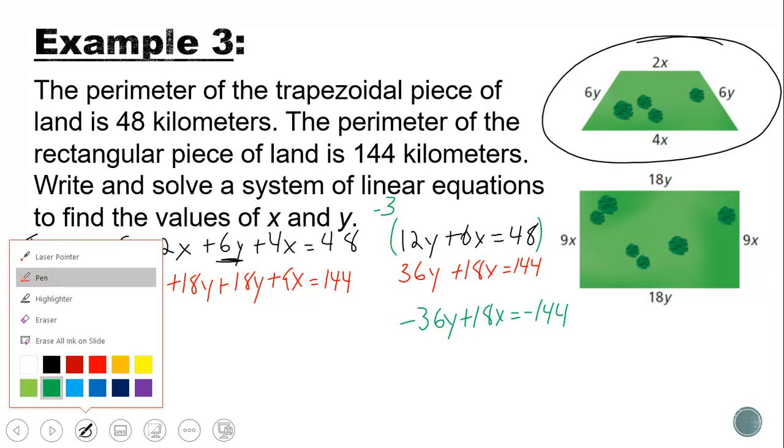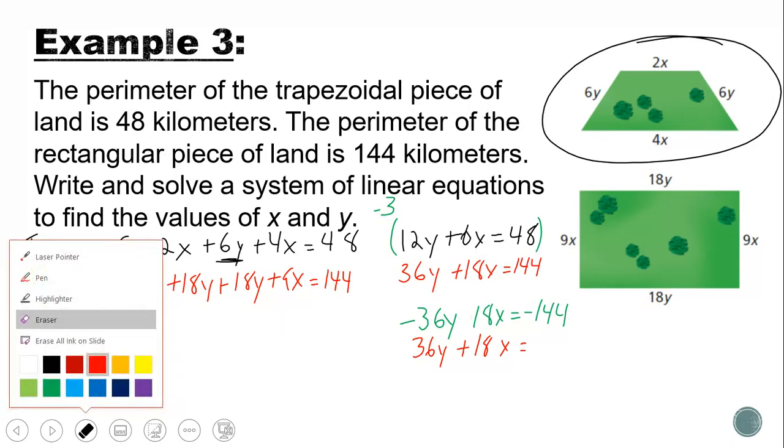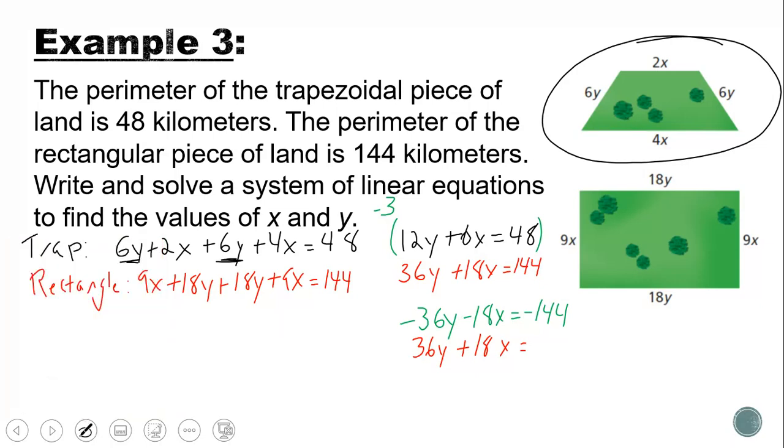My bottom rectangle equation stays the same at 36y plus 18x is equal to 144. Oops, sorry, the x term should have been negative 18x in my top equation because I multiplied by negative 3.